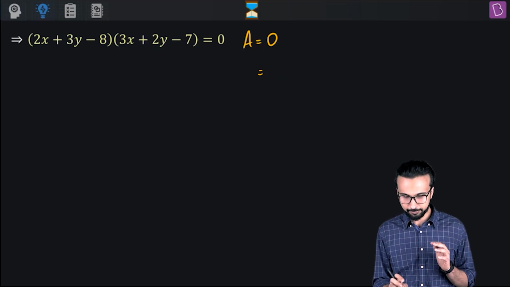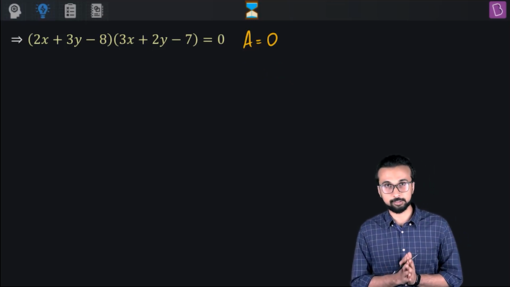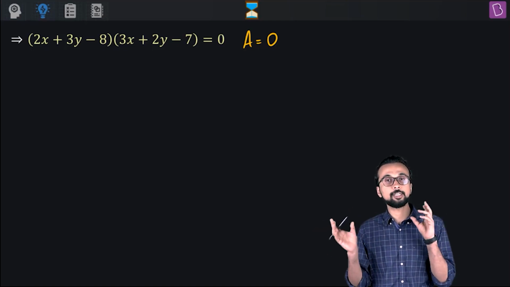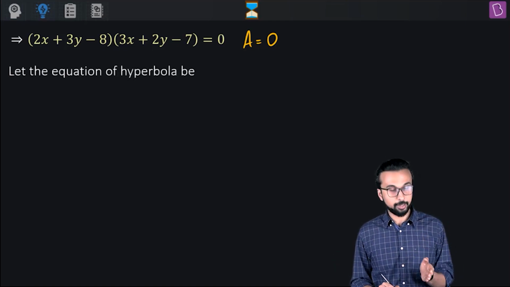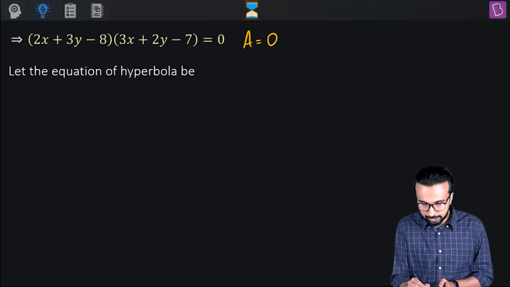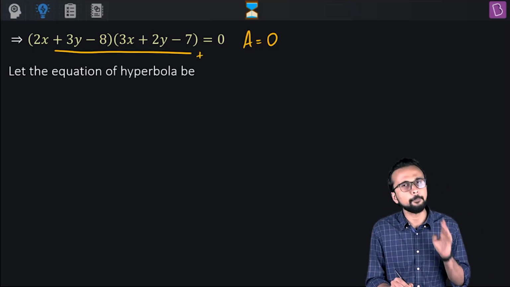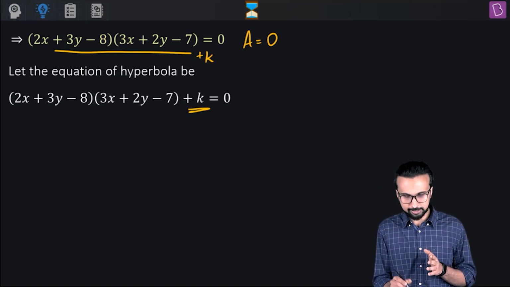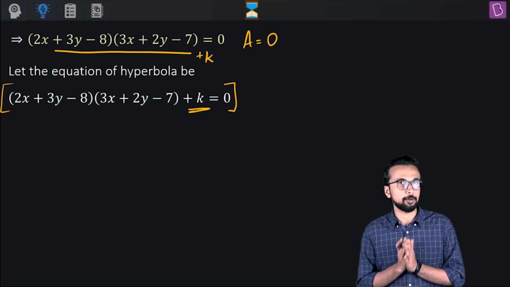So here, the equation of hyperbola will be this combined equation of the asymptotes plus some random constant k, such that this entire equation is a hyperbola.